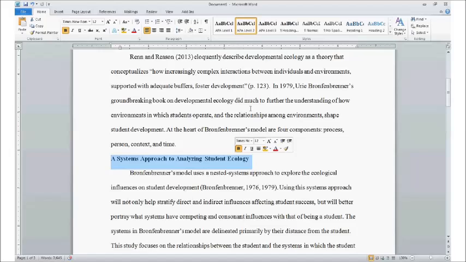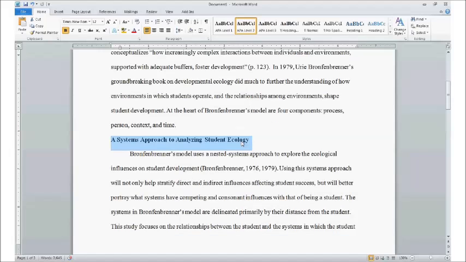So the first section, just naming the theoretical perspective, giving context, providing literature, is really much larger than my more pointed discussion of a systems approach to analyzing student ecology. Another way to say it is this systems approach fits inside of my overarching description or discussion of my theoretical perspective. So this is a level 2. You can see that it's left justified, and it also has title capitalization.